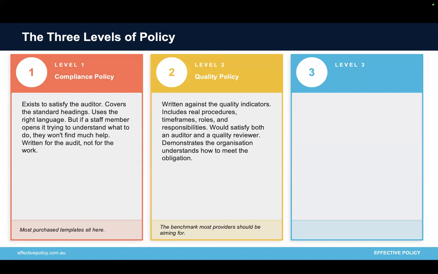And then we've got the third level of policy, and that's got compliance and quality, but it's also got advice. It's advisory. And these are the ones that pretty much dominated before the NDIS came to fruition. We wouldn't have dreamt of only just meeting the standards under which we worked, and we've always worked under them.